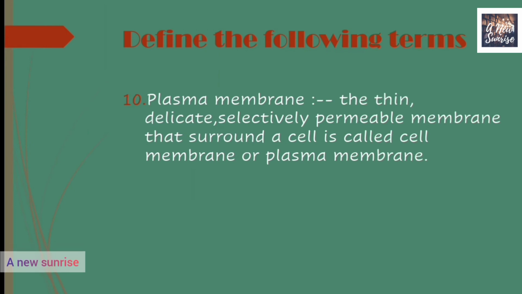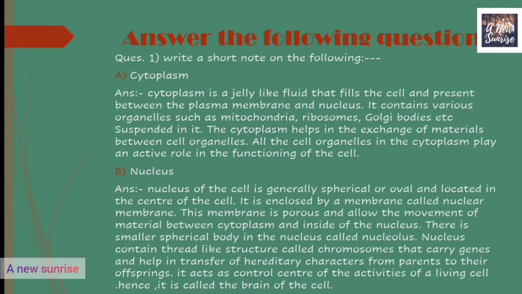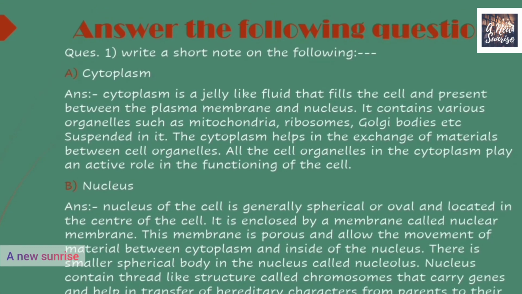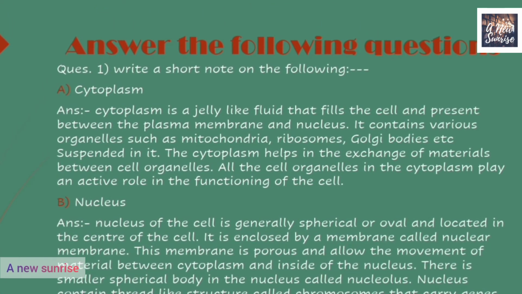Now let us go towards some more revision questions. Answer the following questions. Question number 1: write a short note on the following two. First is the cytoplasm. Cytoplasm is a jelly-like fluid that fills the cell and is present between the plasma membrane and the nucleus.